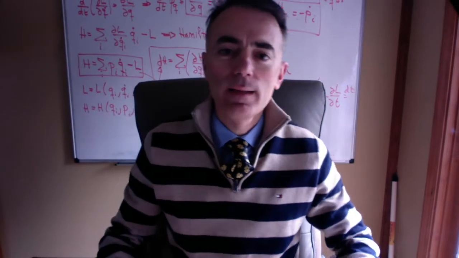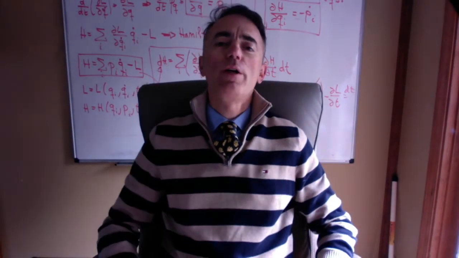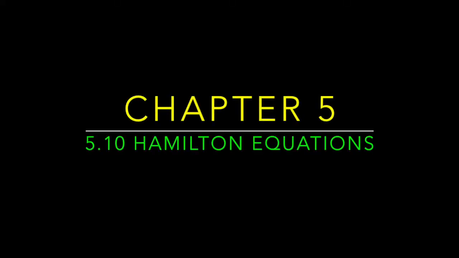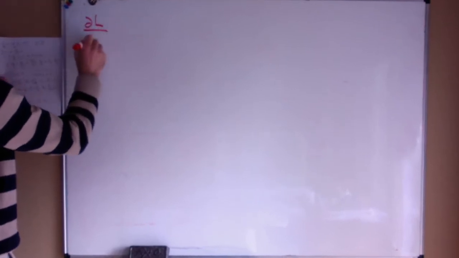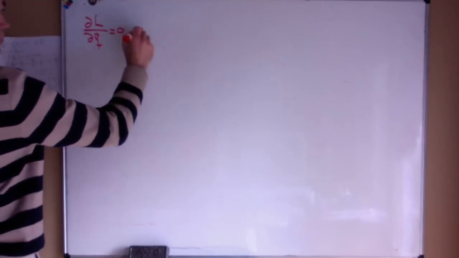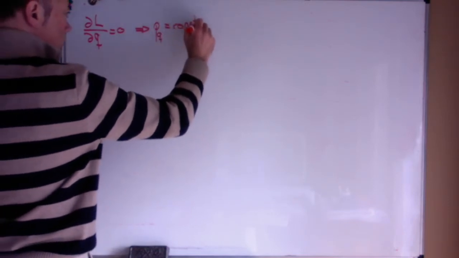Hey, welcome back. Let's introduce another powerful approach, Hamiltonian equations. In previous lessons, we saw that if the Lagrangian does not depend on a specific generalized coordinate q, then its generalized momentum is conserved.